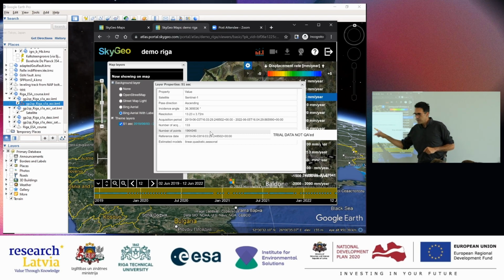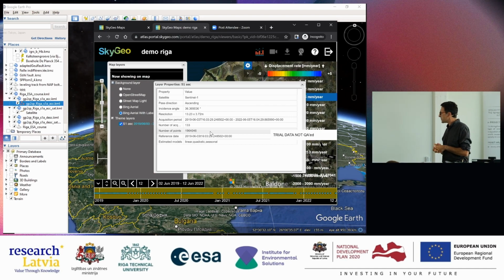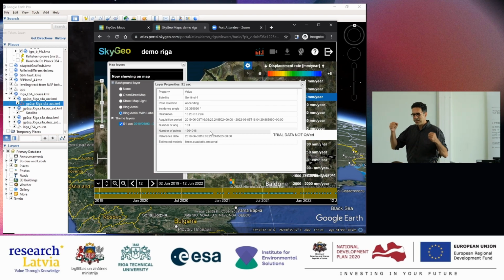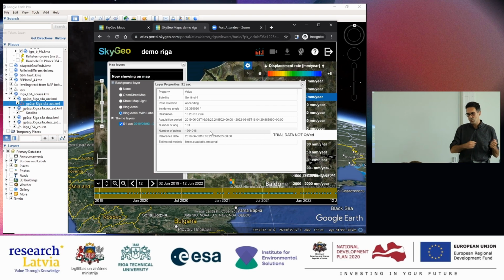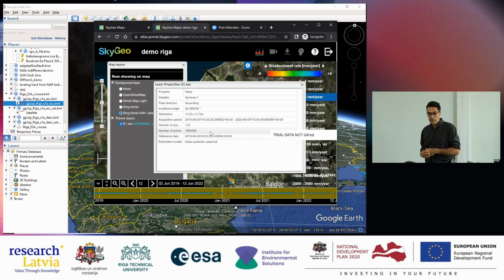Now the last one is an important one, because the last one says estimated models. In my introduction, in my first little block, I was talking about the measurements versus the parameters, versus the unknowns. So the measurements are the phases and the complex radar reflections. But I'm not interested in them necessarily. I'm interested in getting a rate or an acceleration, so I always like to translate my measurements to unknown parameters, right?